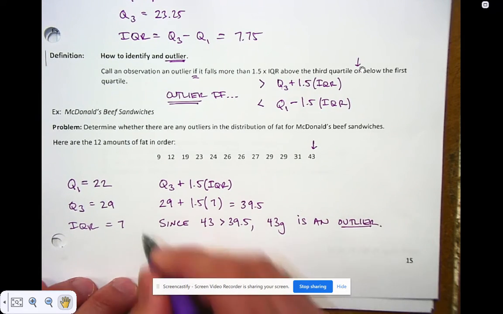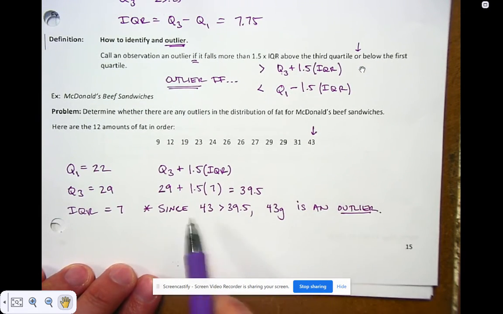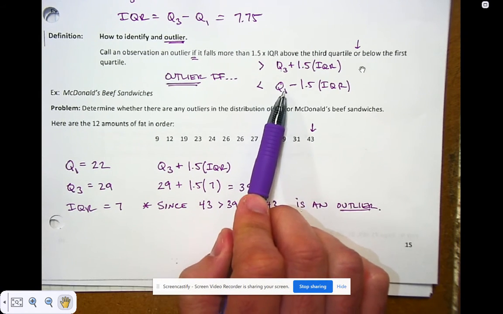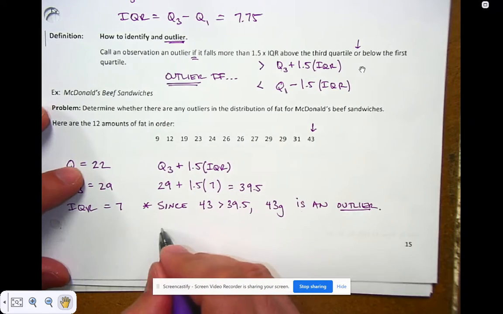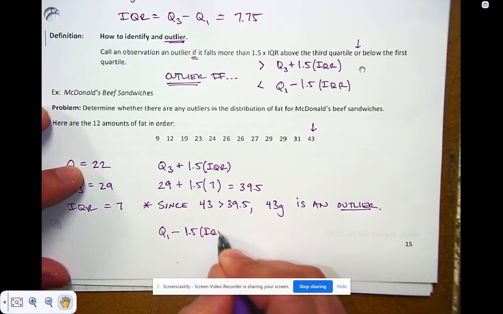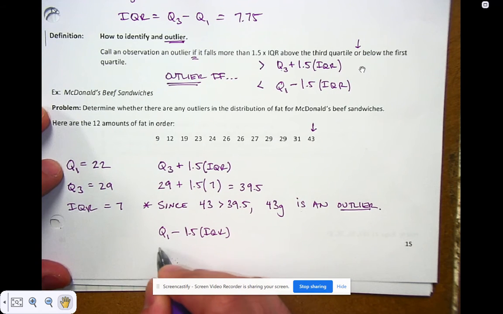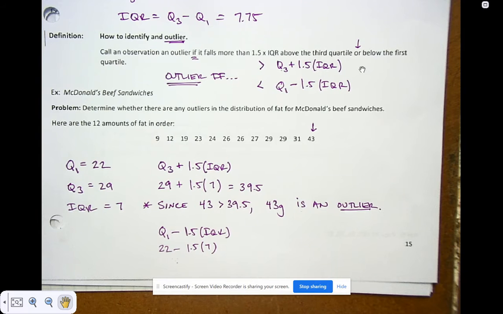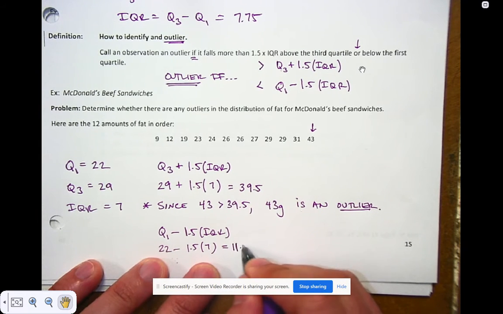Now we have that there is definitely an outlier on the high end, but we haven't done the low end. So now check quartile 1 minus 1.5 times the IQR, which would be 22 minus 1.5 of 7, which gives us 11.5.